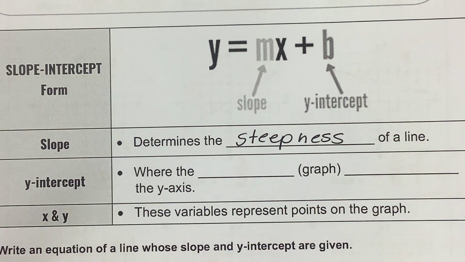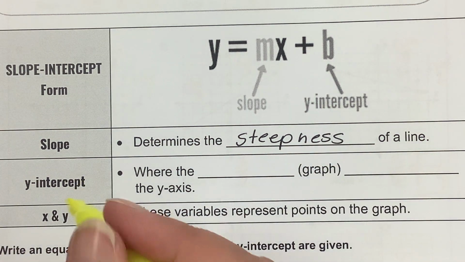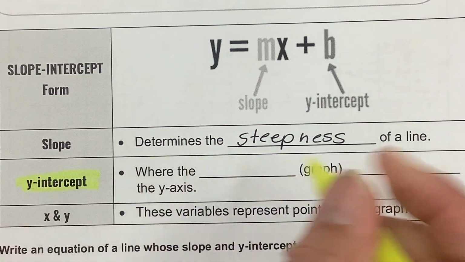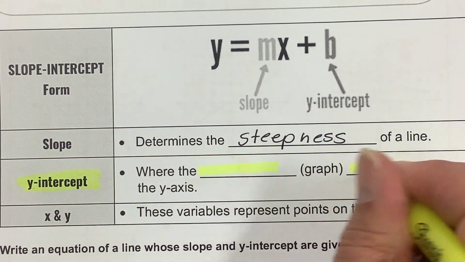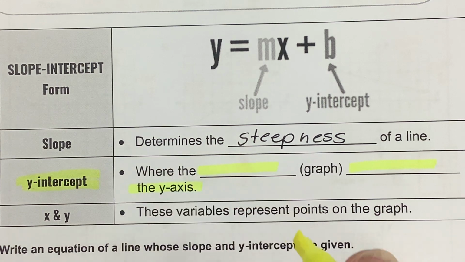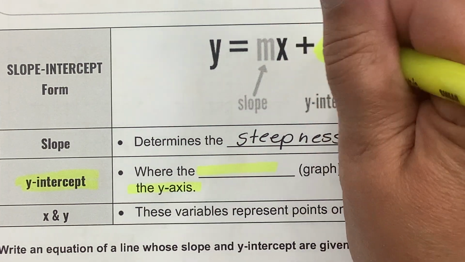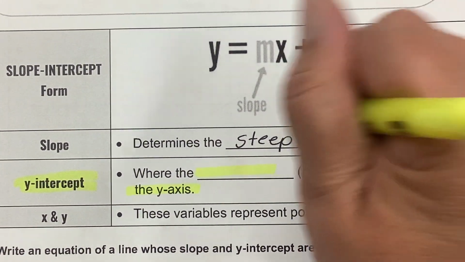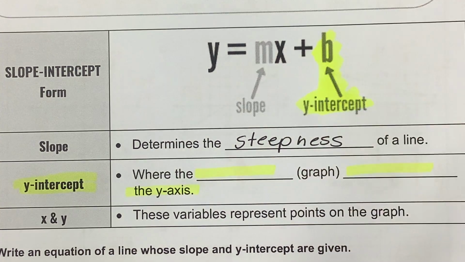And that's where I'm going to grab my highlighter again. Whenever I'm talking about the y-intercept, I am just going to highlight things like the y-axis. I'm even going to highlight this b, the y-intercept, because just to remind me, y is yellow, y-axis is yellow. Just keep it in my head that way. All right. And I highlight it first because if I write and then highlight, I'll get ink on my highlighter.